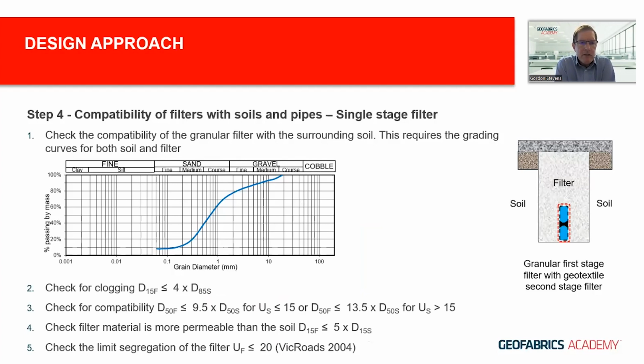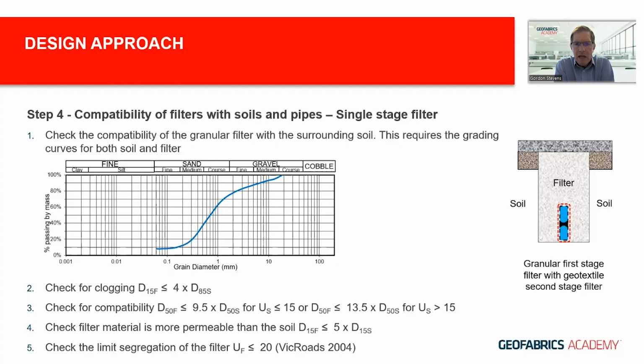So the first thing that is required is to check the compatibility of the granular filter with the surrounding soil, the soil that comes in contact with the drain. So on either side of that drain. This requires a particle size distribution curve for both the soil and filter material, so something along the lines shown in that image.